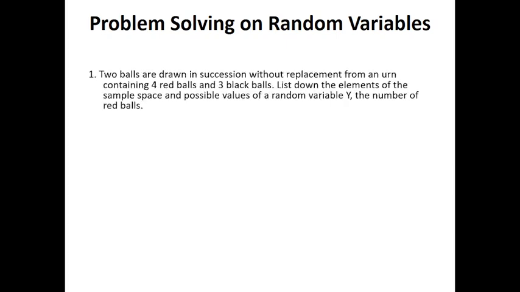So, bago tayo magpatuloy dun sa topic on probability distribution, solve muna natin itong problem regarding random variables. So, here's the problem. Two balls are drawn in succession without replacement from an urn containing four red balls and three black balls. List down the elements of the sample space and possible values of a random variable y, the number of red balls.